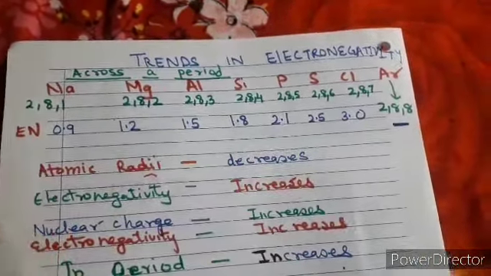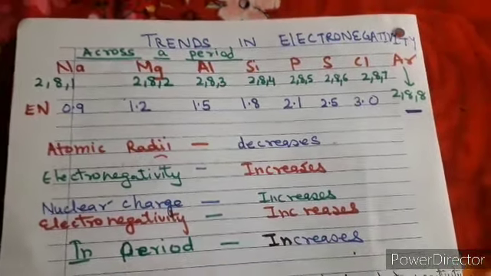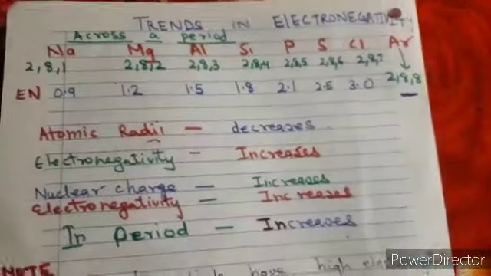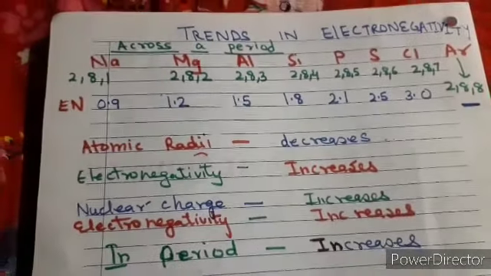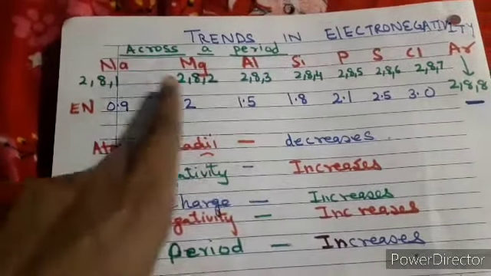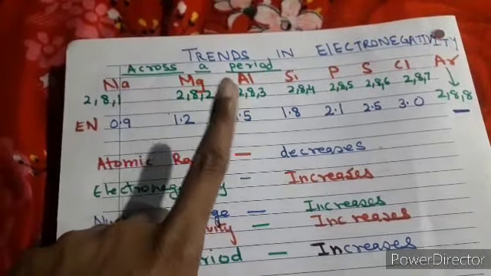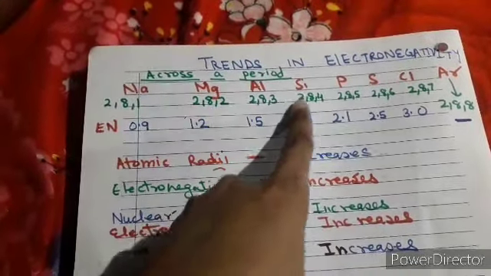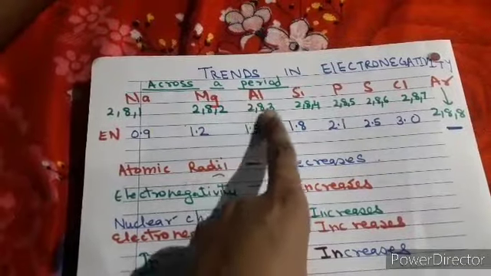So we have to once again focus on the atomic size, or atomic radius, or atomic radii. Any word can be written in your examination. Now just see, this is the period, and you know that atomic size along the period always decreases. The same concept applies, because the number of shells is the same, and because of it the nuclear charge is also increasing.